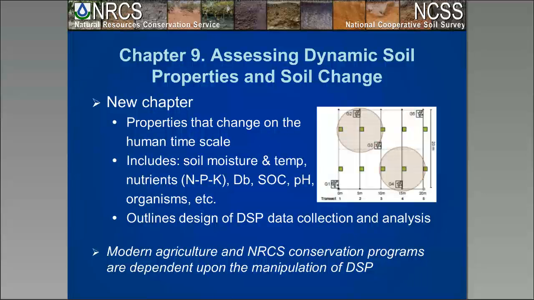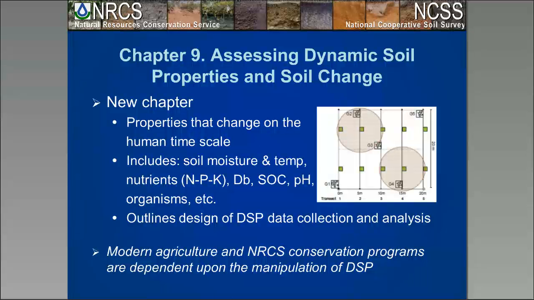It includes such things as the nutrient status, soil moisture and temperature, density, soil organic carbon, pH, microorganisms, etc. This chapter outlines the various designs and data collections and analyses that can be utilized in the assessment of dynamic soil properties.